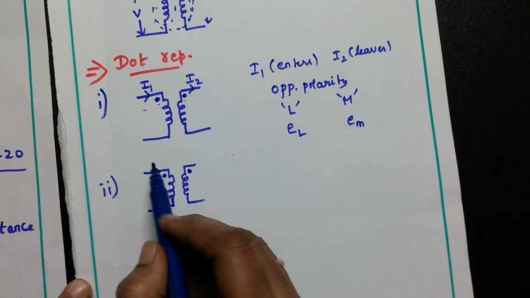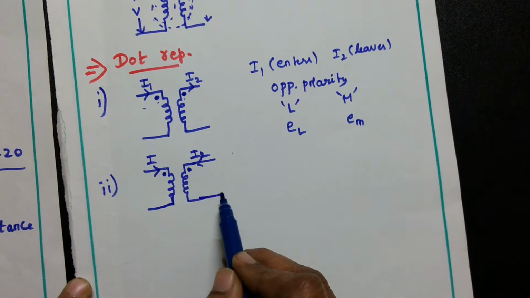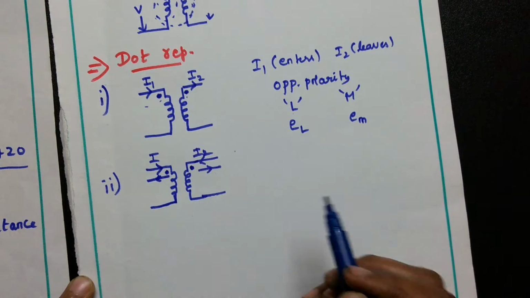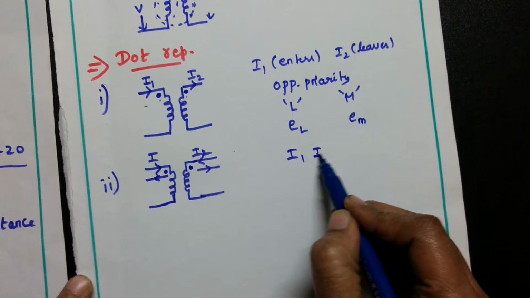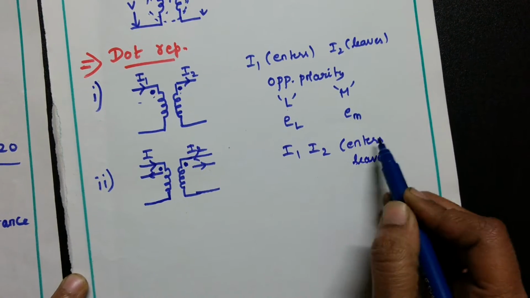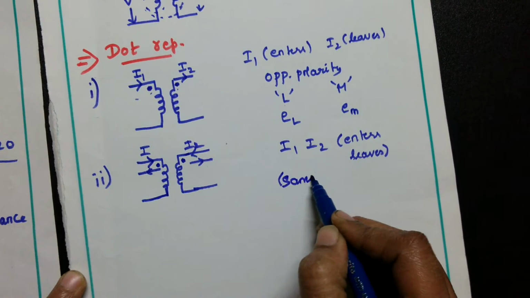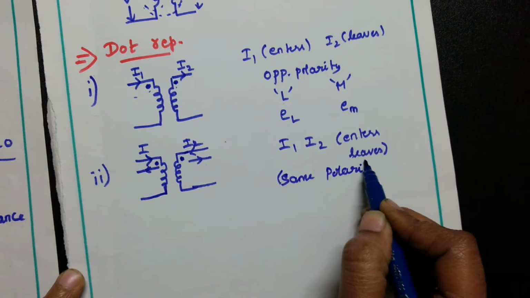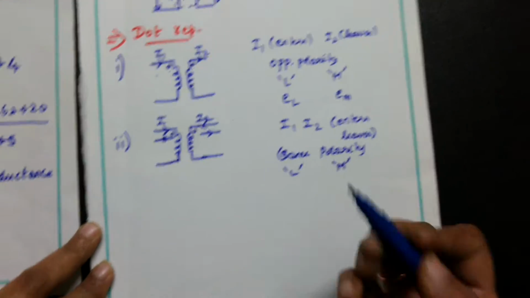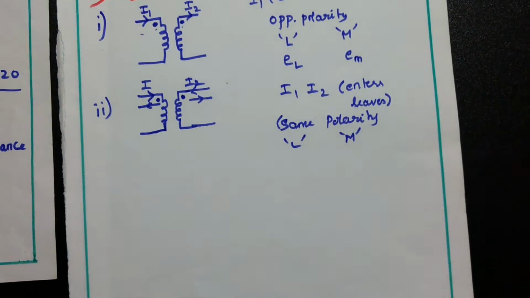When both the current at the primary side and at the secondary side enter or both leave from the dotted end, I1 and I2 both enter or leave, there will be the same polarity for the L terms and M terms: self-inductance and self-induced EMF, mutual inductance and mutual induced EMF. That can be represented here.